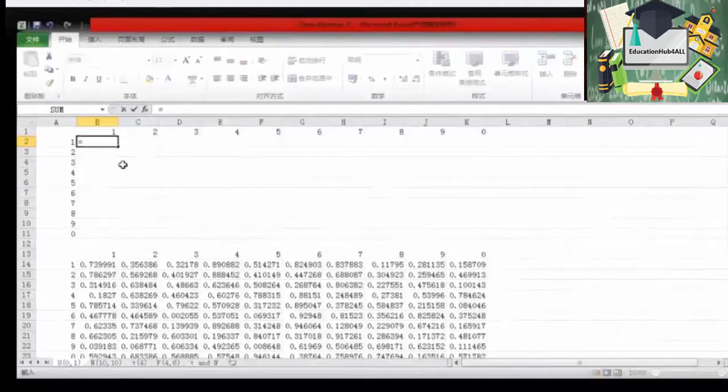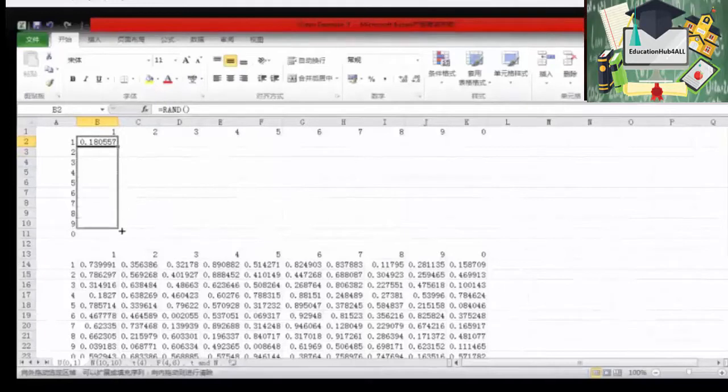So here there's a function to generate a random number, RAND, and then you give a bracket. This function you don't need to give any other input. You just enter, and then you drag it down.